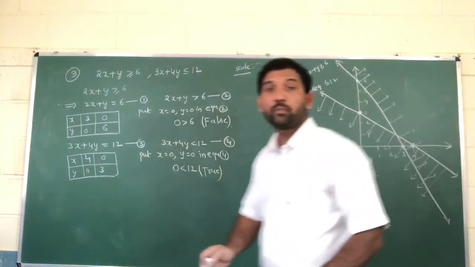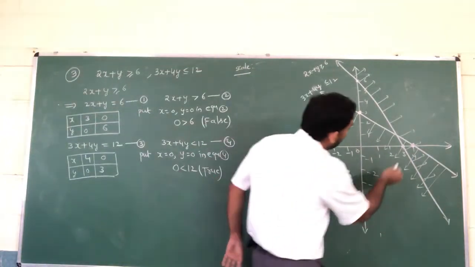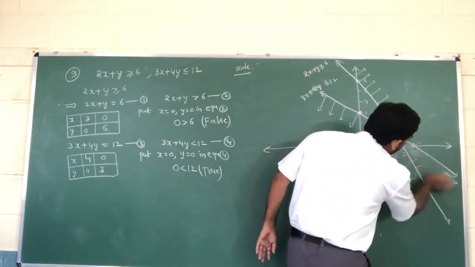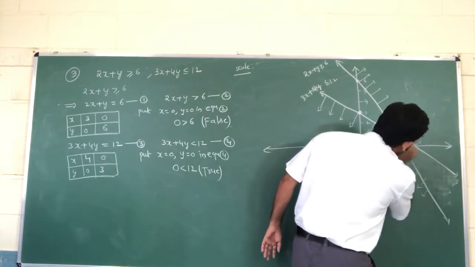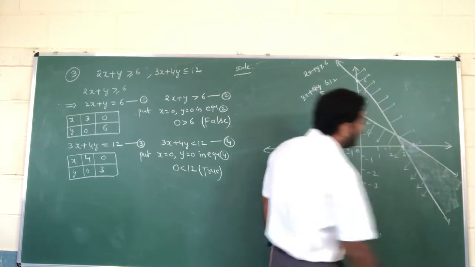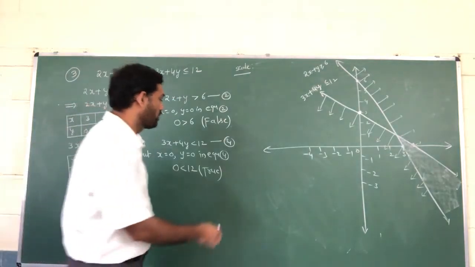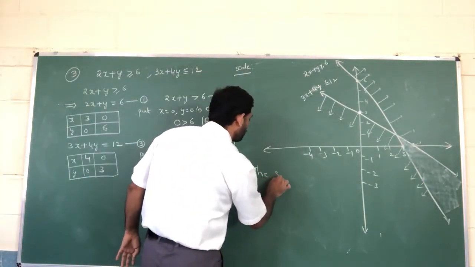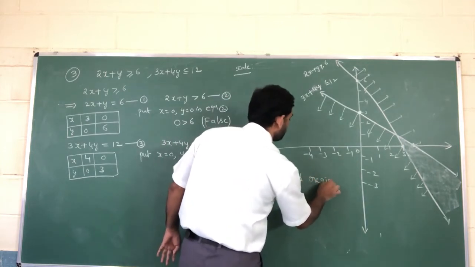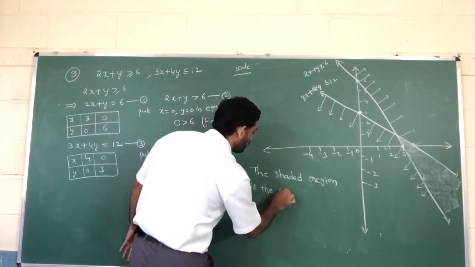Now you see, both lines intersected here only. That is our solution set.